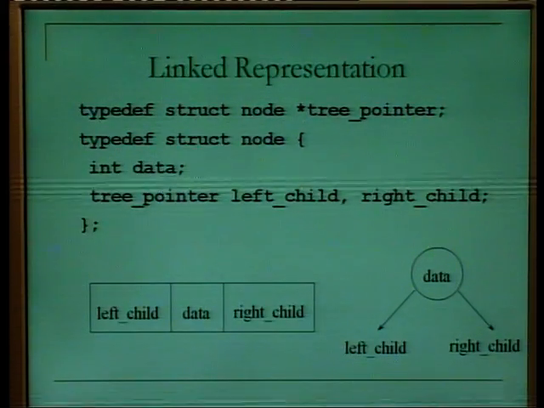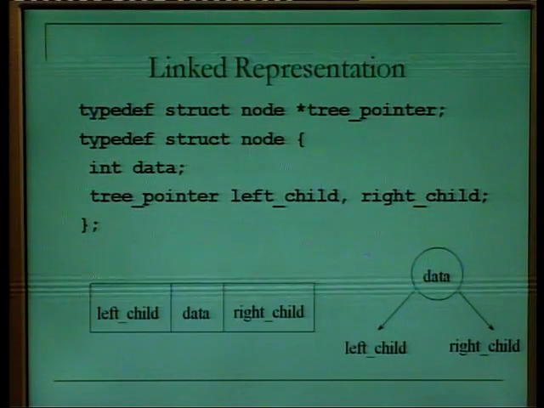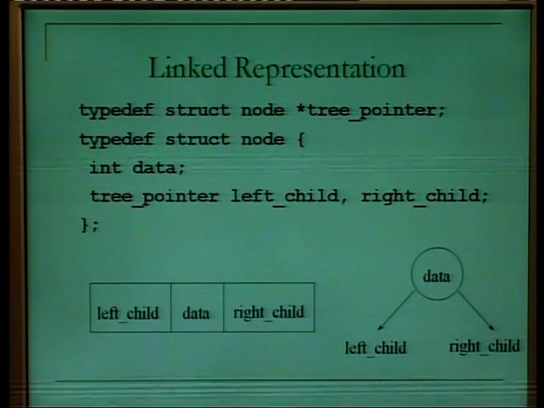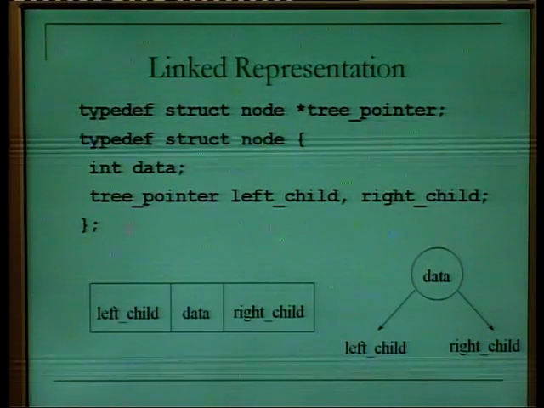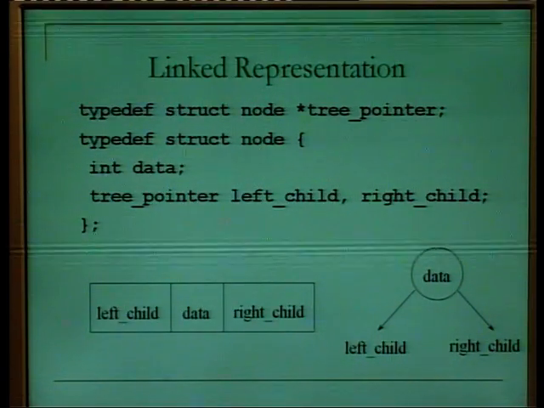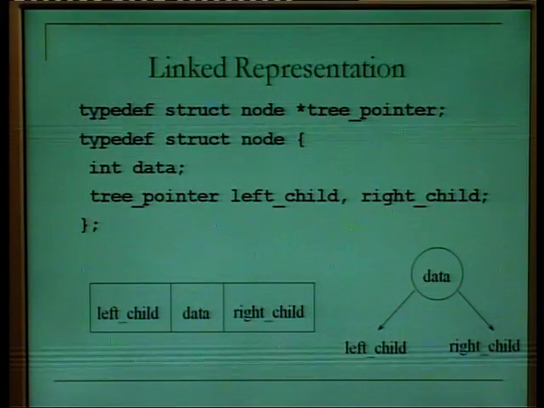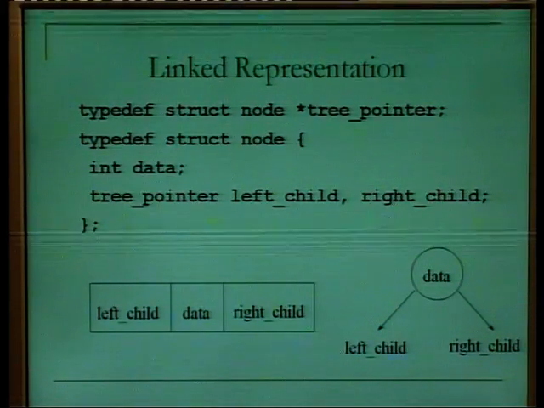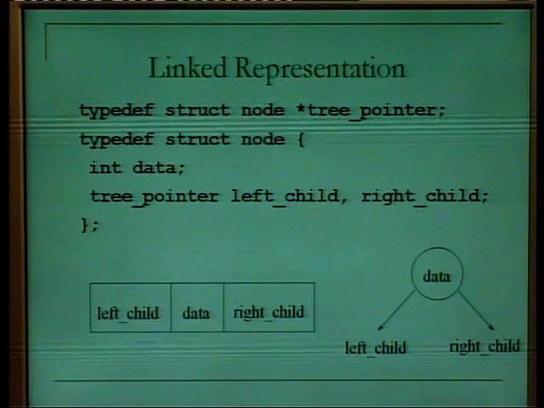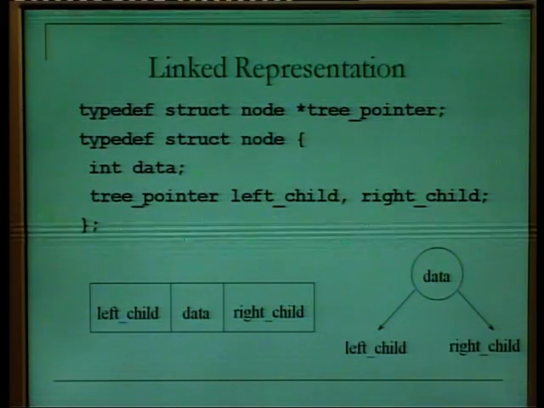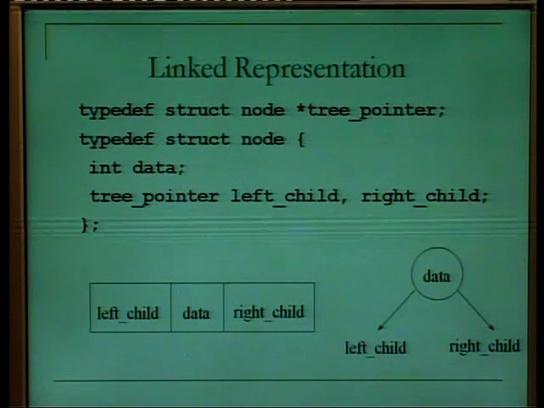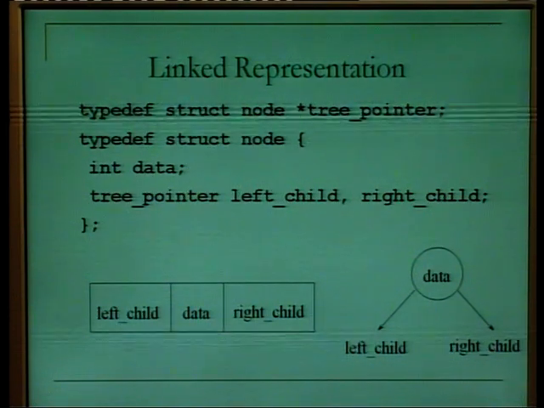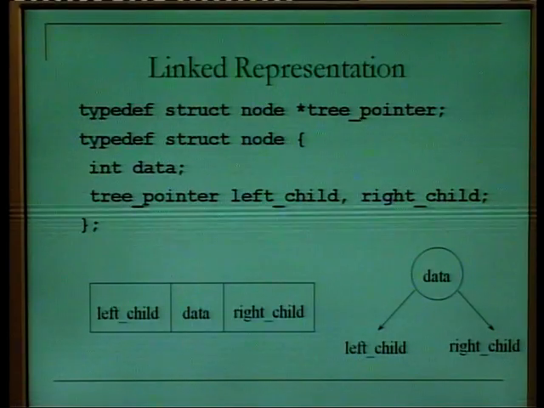So this is the linked representation of a tree. In linked representation, every node has three parts. One represents the data, the second represents the pointer to the left child, and the third represents the pointer to the right child. If we implement it in C, it will be constructed using a structure.